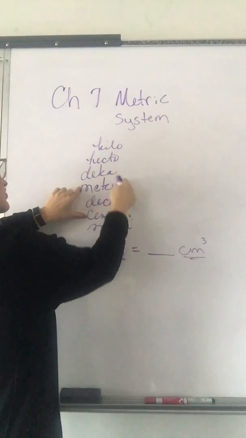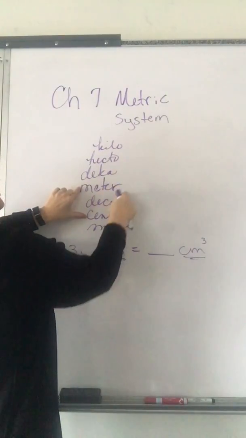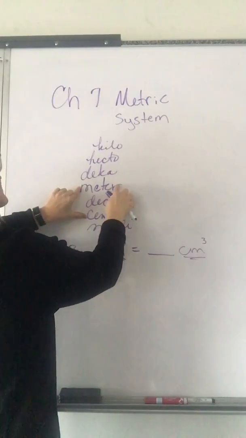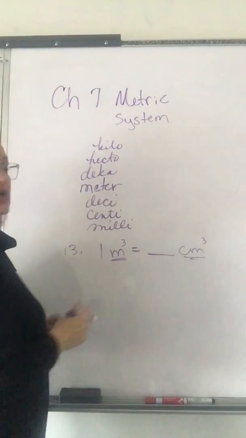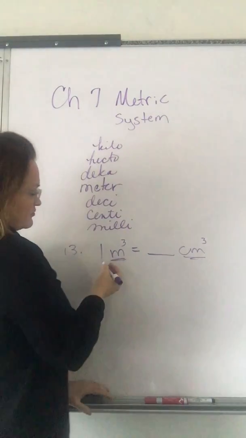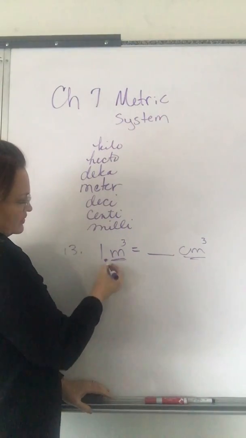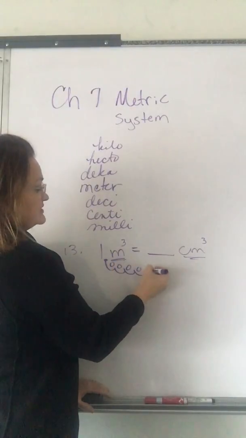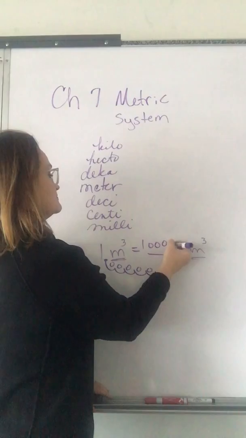It's 3-dimensional, so 3 decimal moves for each, a 1,000 difference between meter and deci in cubic units. So we're moving a total of 6 places. From the decimal point, which is right here, 1, 2, 3, 4, 5, 6, which looks like we just added 6 zeros on that example.